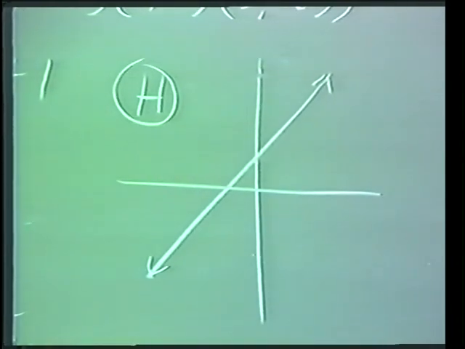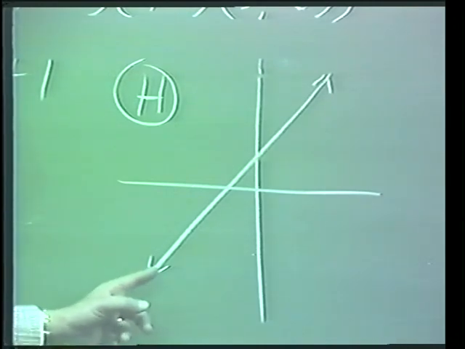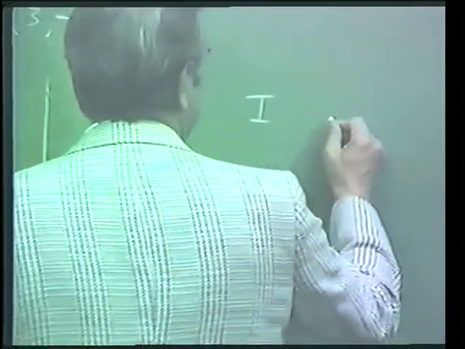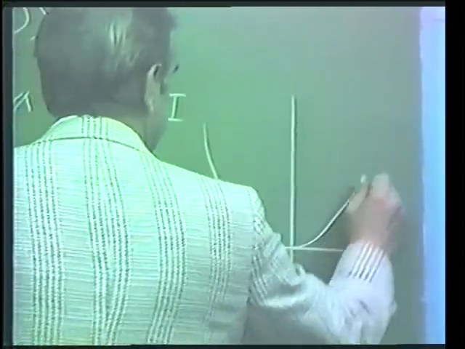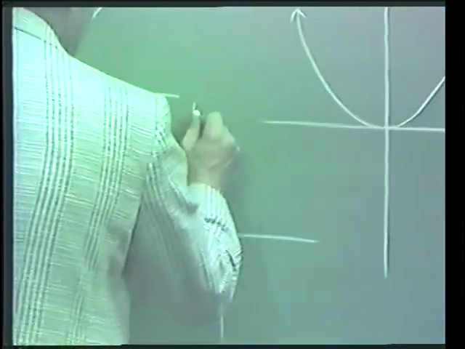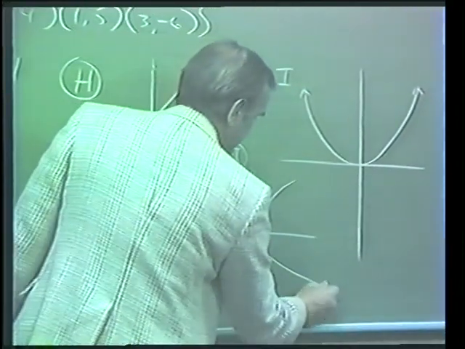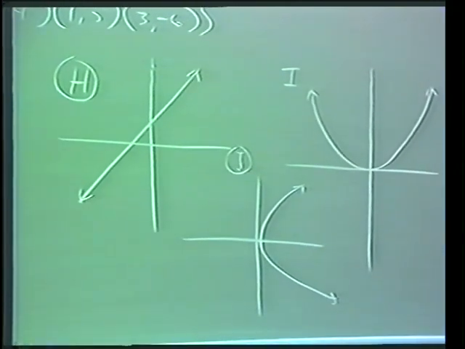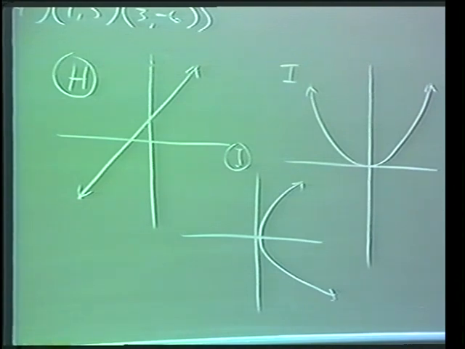Yeah, it's a line. A line is made up of points. Each point is an ordered pair. This is a set of ordered pairs. It's a relation. Likewise, I is a relation. It's a set of ordered pairs. And J is a relation. These are all forms of relations. Each and every one of these is a set of ordered pairs.